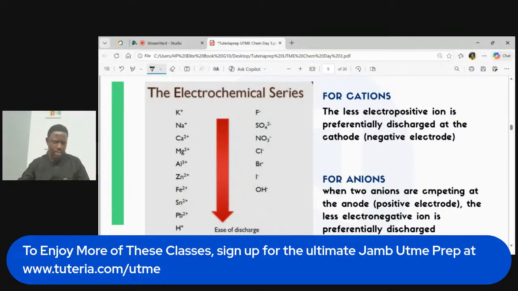Look at the way these are arranged: potassium, sodium, calcium, magnesium, aluminum, zinc, iron, tin, lead, hydrogen, copper. This arrangement, you must know it, because we call it the electrochemical series for cations. We have a lot of mnemonics that you can use.